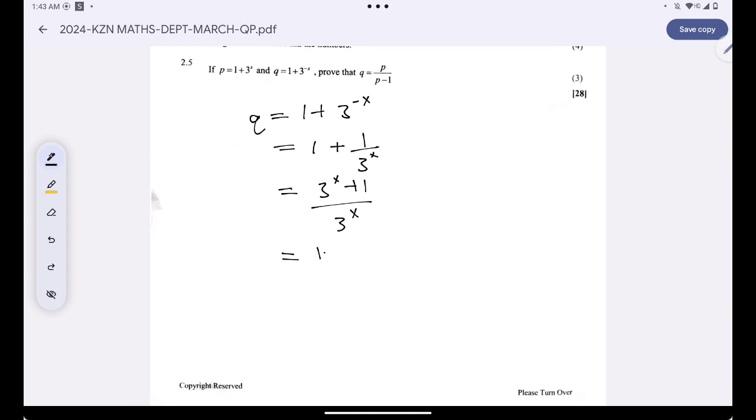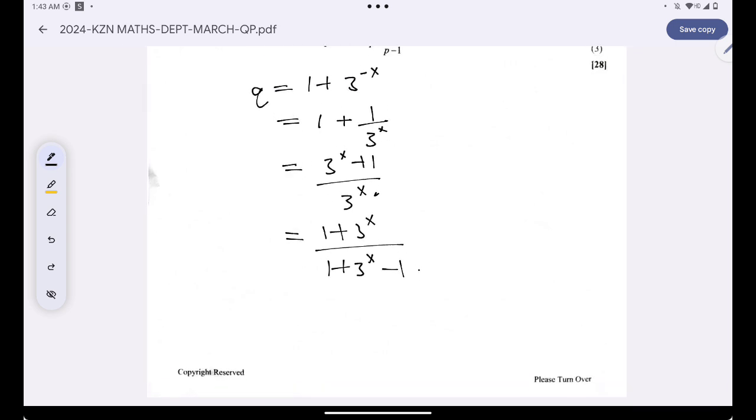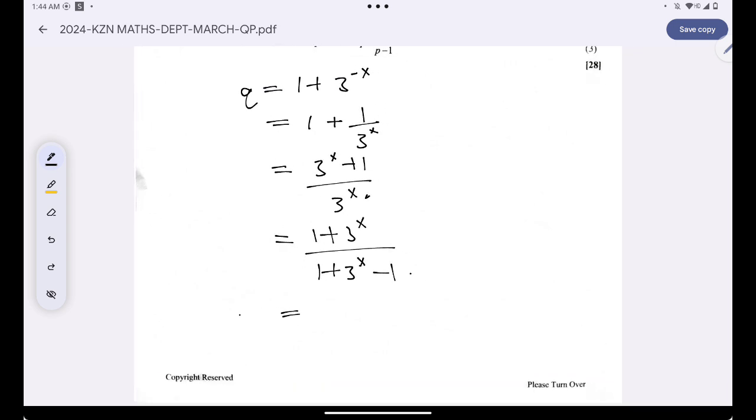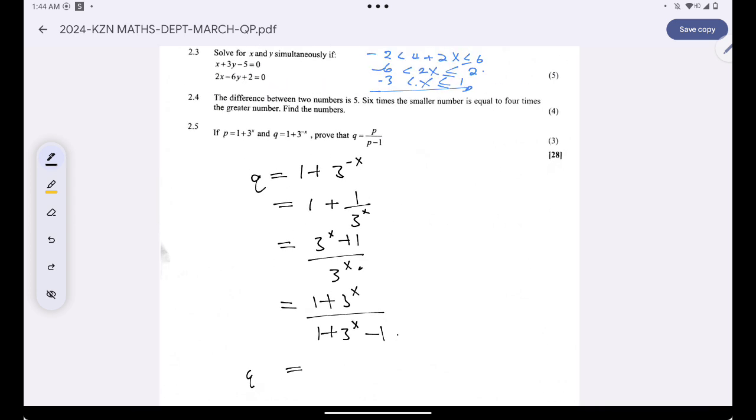So I know that 1 plus 3 to the x is equal to p. So I can write this as what's at the bottom. If I say 1 plus 3 to the x minus 1, it's the same as this thing, because 1 minus 1 is simply 0. Are you together? So Q will be equal to what's at the top?